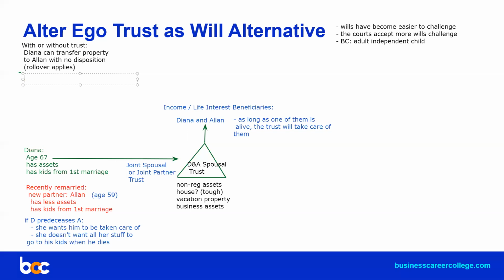Okay, anyways, let's go back to trusts. So now the second part of this brings us back to Todd and Esther's question earlier, and that is, what happens when the last of Diana and Alan dies?